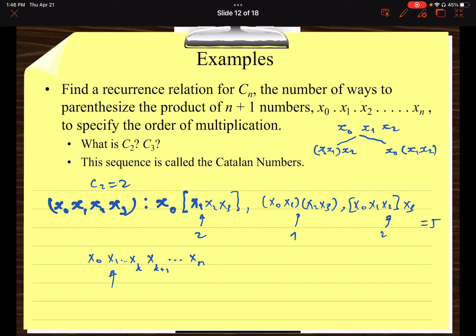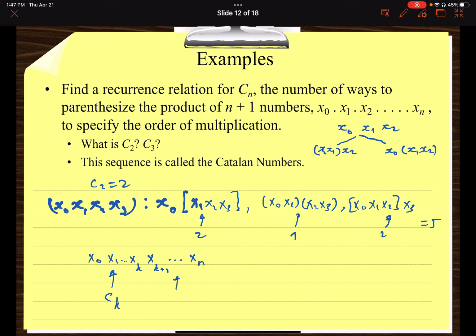From x0 to xk, I have k plus 1 numbers, so this is Ck. And from xk plus 1 to xn, how many numbers do I have? n minus (k plus 1) plus 1, which is n minus k. I have n minus k numbers.